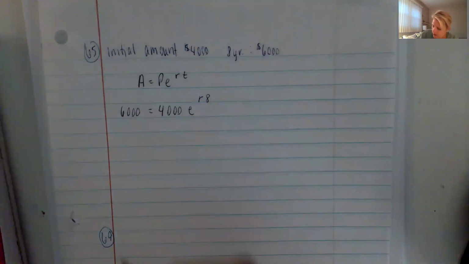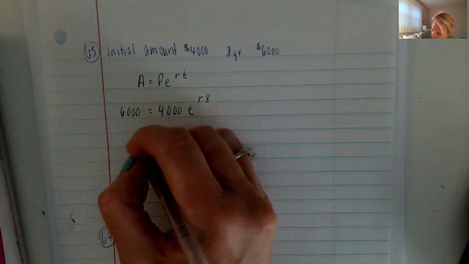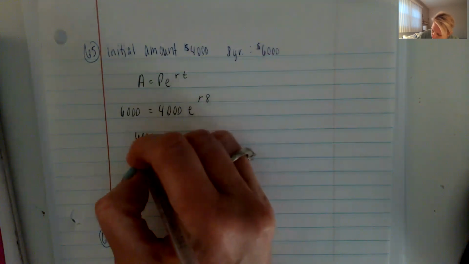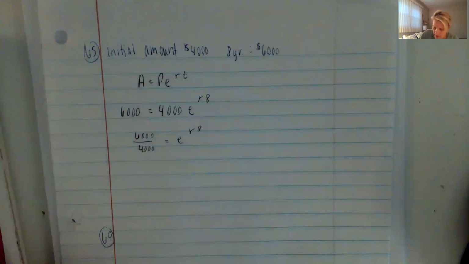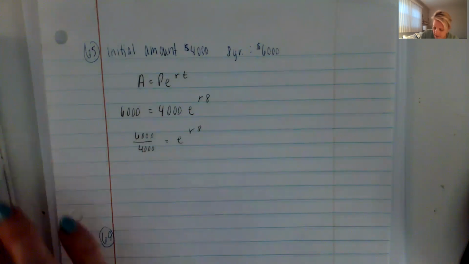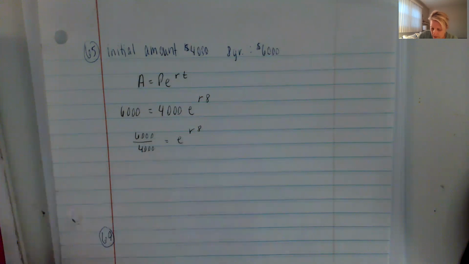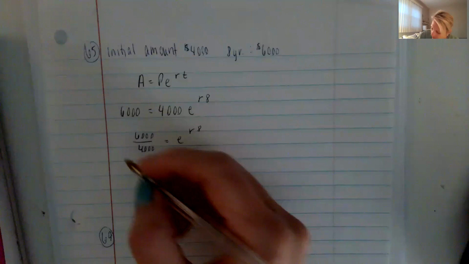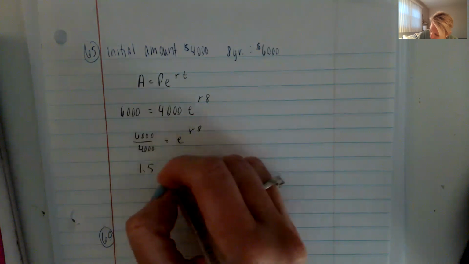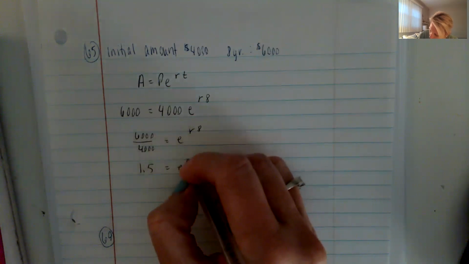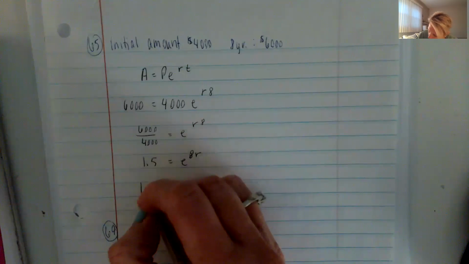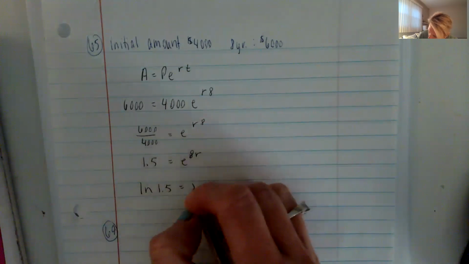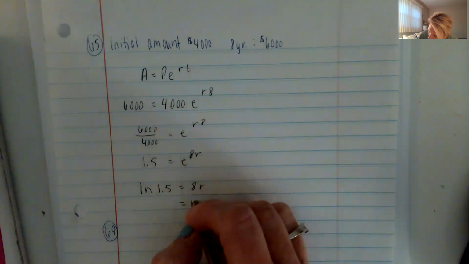Okay, so divide by 4,000. That is 3/2, so 1.5. So e to the 8 times r, basically. So we take the natural log of both sides and divide by 8.